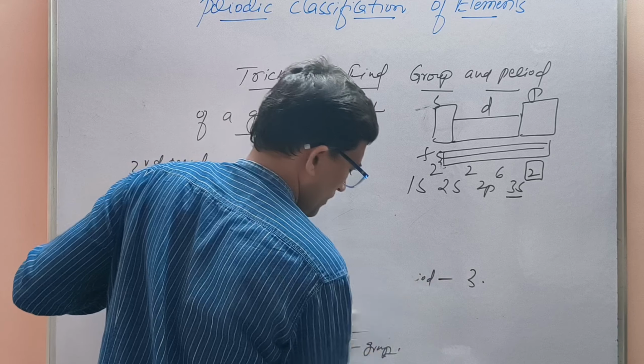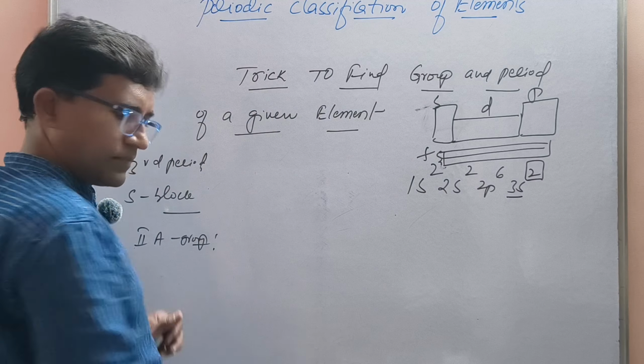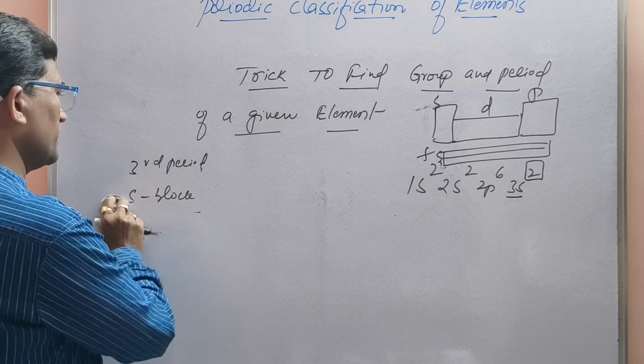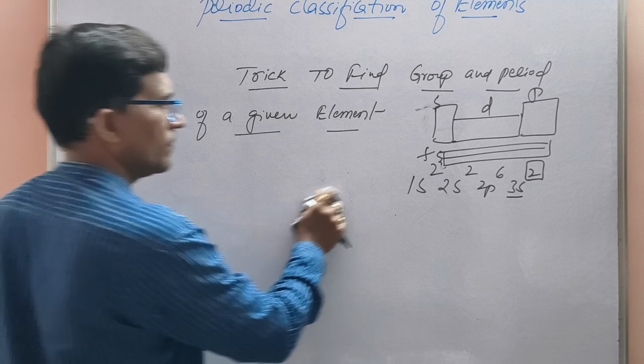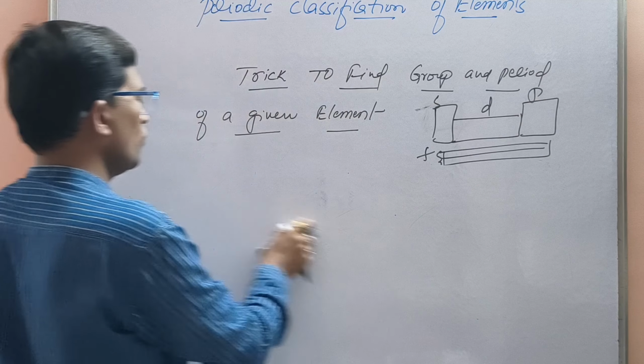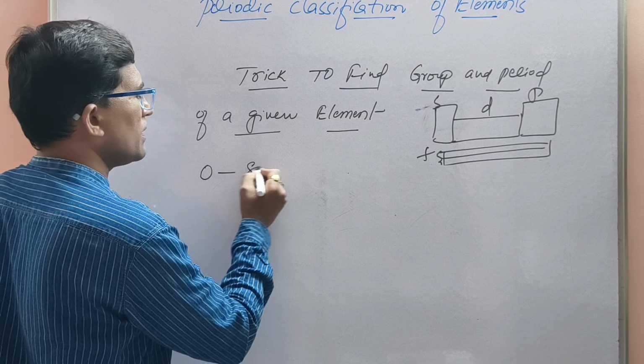We'll go with the example of oxygen. Oxygen belongs to which group and which period? The element oxygen has atomic number 8.